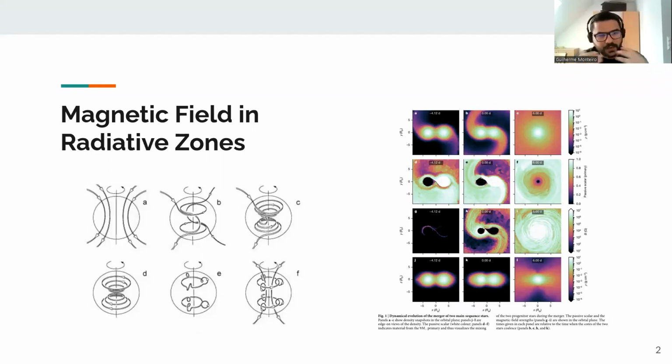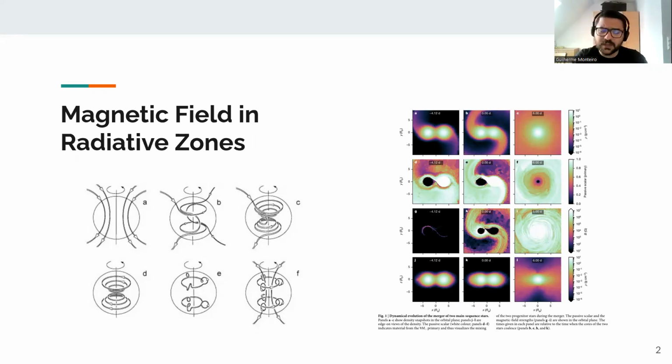And so, when we think about magnetic fields, we come with the idea of dynamo that was well explained several times during previous talks, but I would say just a little bit of it. In dynamo, we normally would look for two main effects. The first one will be the omega effect that will twist the poloidal field lines into toroidal field lines.